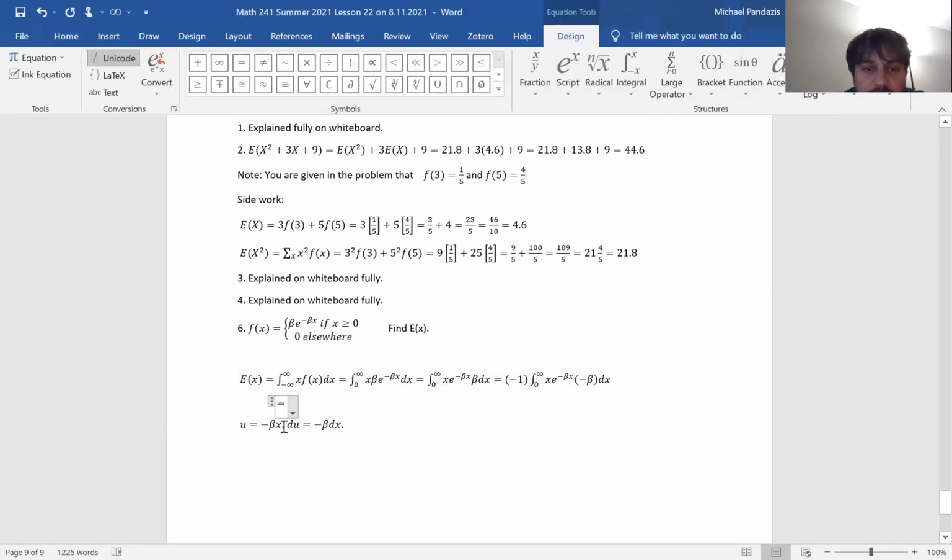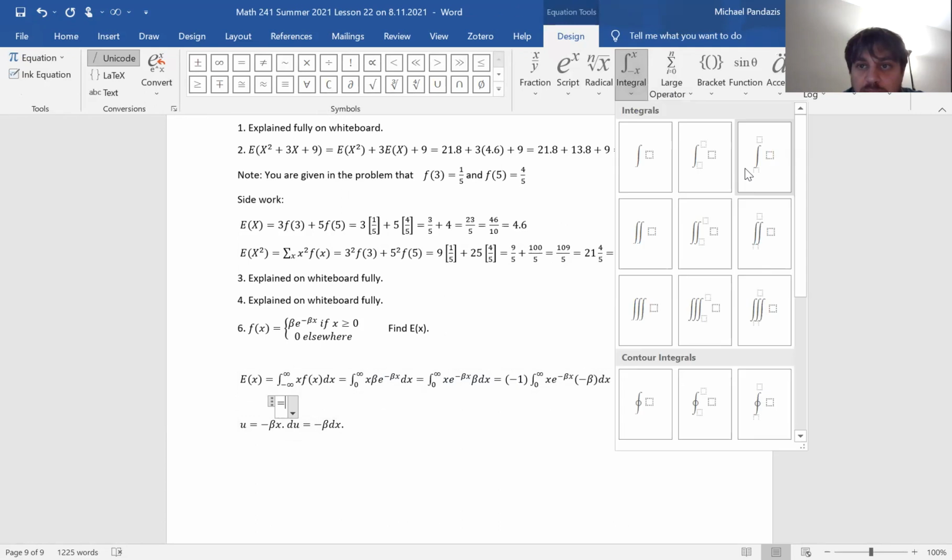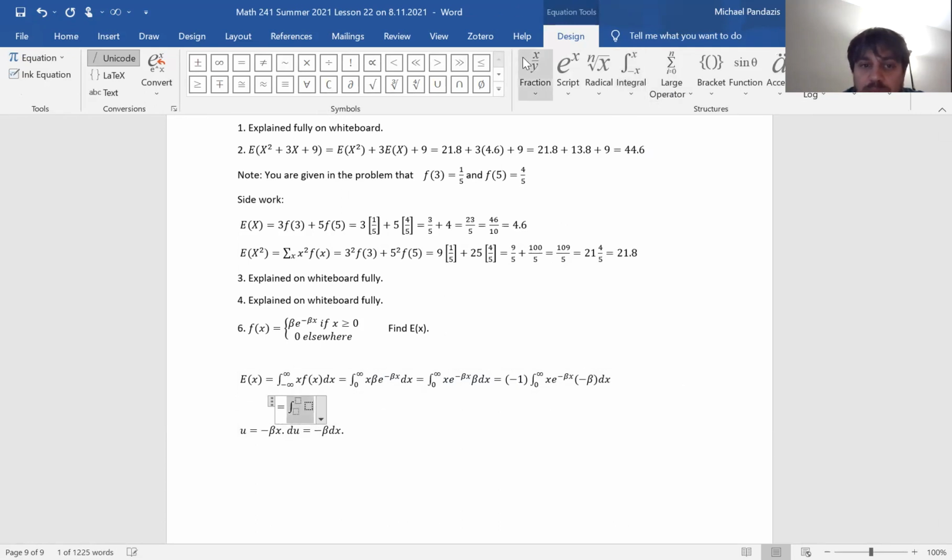And then the negative beta dx is du, and you have u is negative beta x. And so now you have the integral from 0. Well, let me do u substitution. So you have -1.